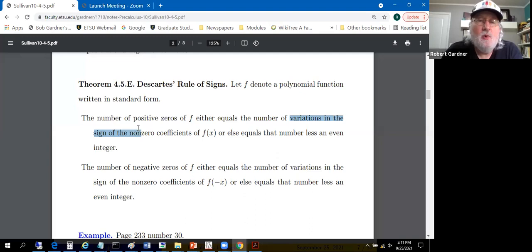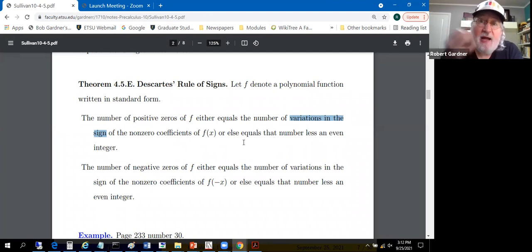That is, reading from largest power of x to lowest power of x, that's the standard form part, you're looking for places where the coefficients change from positive to negative or change from negative to positive, overlooking the zeros in this case.